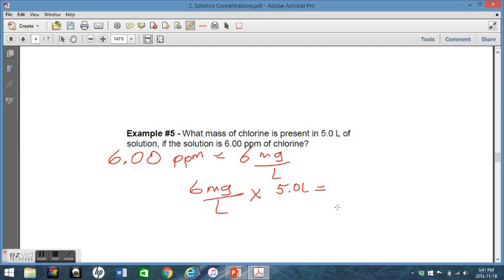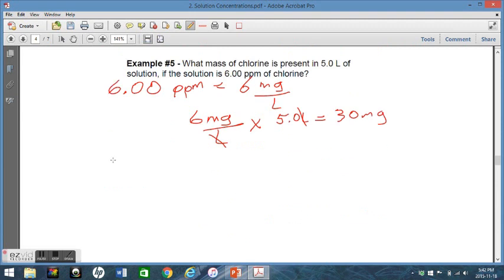You're doing the math with the numbers, but you're including the units, because if you do the math with the units correctly, it ensures that you're doing the multiplication or division correctly as well. Here we've got liters on the bottom, liters on the top, and we're left with mass, in milligrams. So it's going to be 30 milligrams of chlorine found in 5 liters of water, given that it's 6 parts per million.